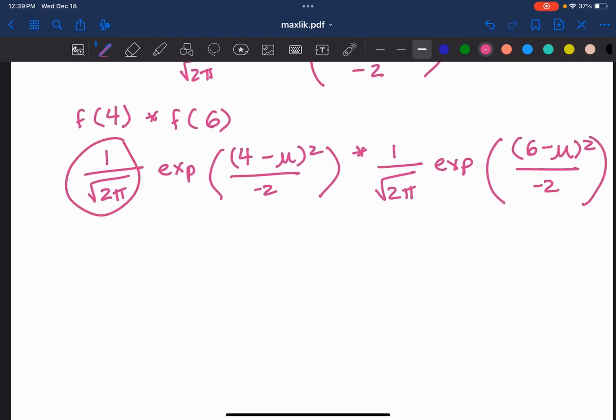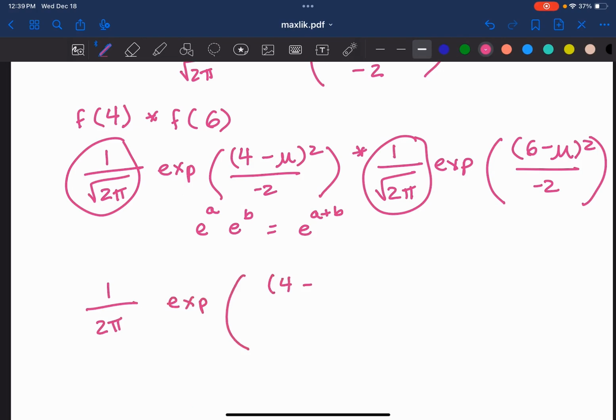In the denominator I'll have root 2 pi times root 2 pi, so that comes out to be 1 over 2 pi. And then I have e to the a times e to the b, which is equal to e to the a plus b. So I can also write this as e to the 4 minus mu squared plus 6 minus mu squared, over negative 2.